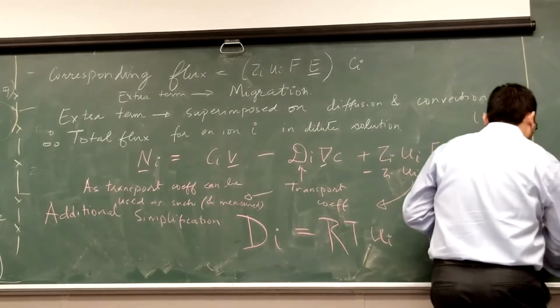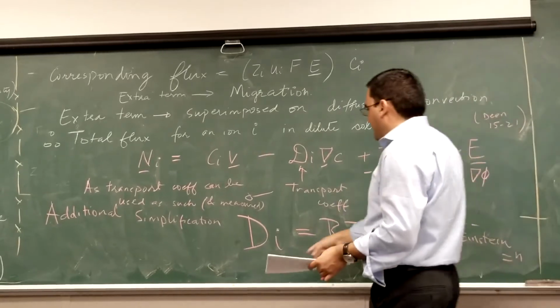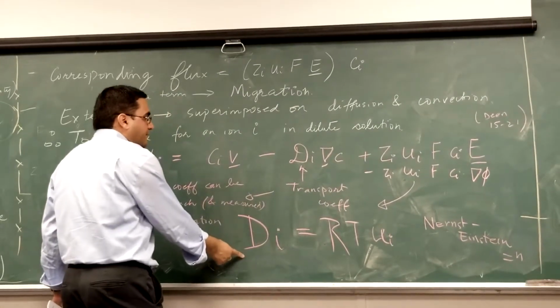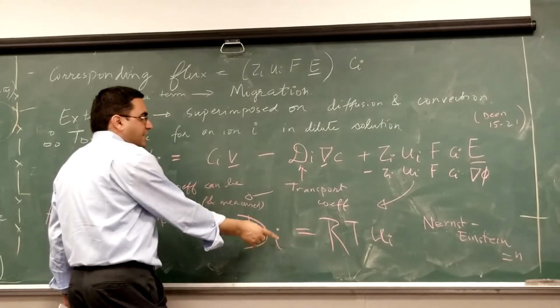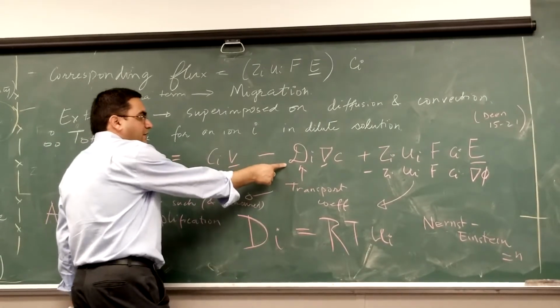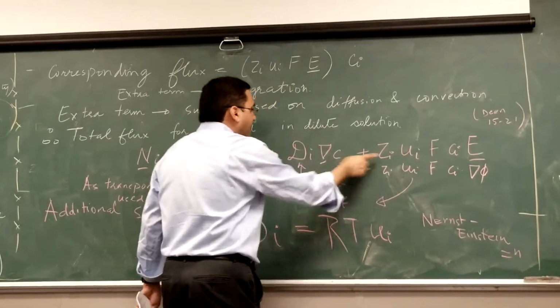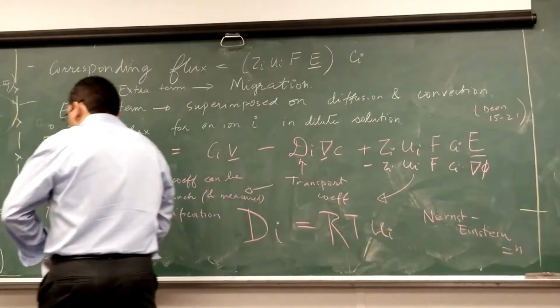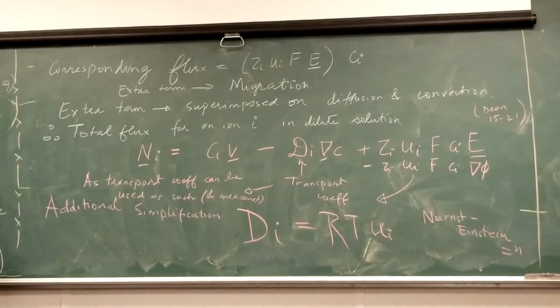But once I have this Nernst-Einstein relationship, I can use it to get rid of either Ui or Di. And in this course, we've been focusing a lot on diffusion, so we'll retain Di.